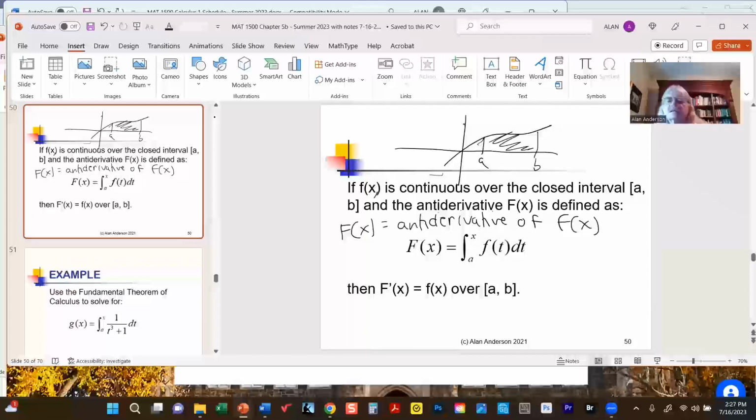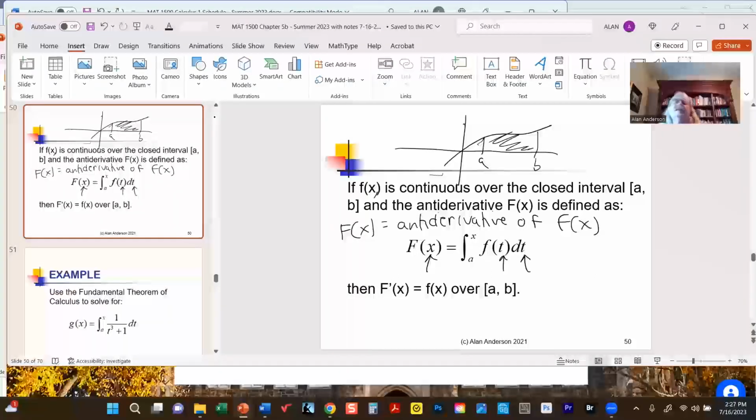So what this is telling us is that this is defined as the area from a to x, whatever x is, and that then we integrate f of t dt. By the way, I want you to notice there's a t here. This is x and this is t.